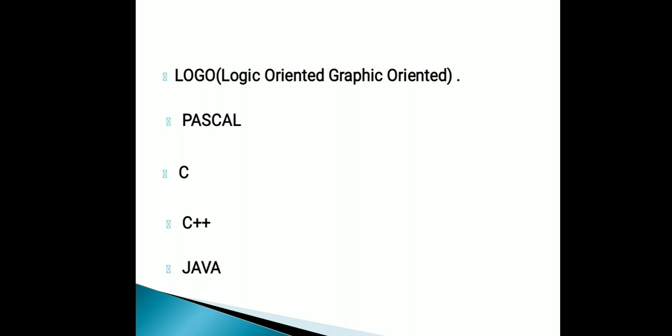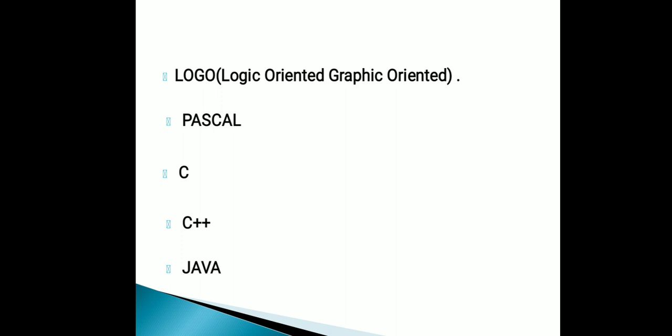Okay, so object oriented programming is based on the real world. In object oriented programming, the program is divided into small parts called objects. Adding new data and functions is easy.